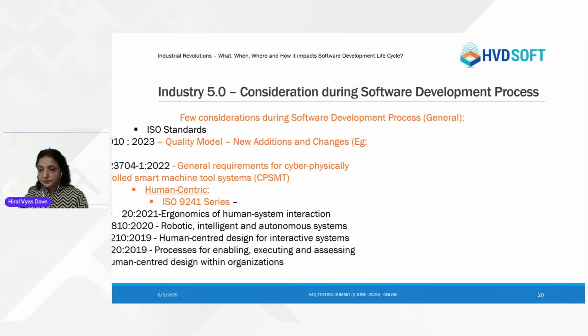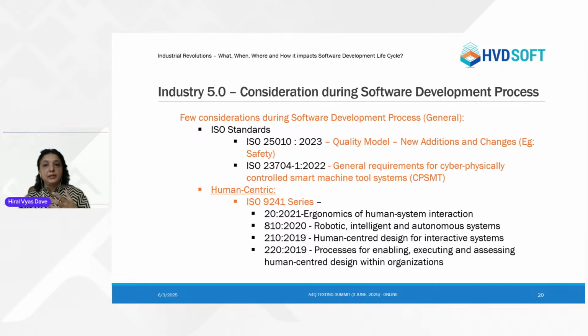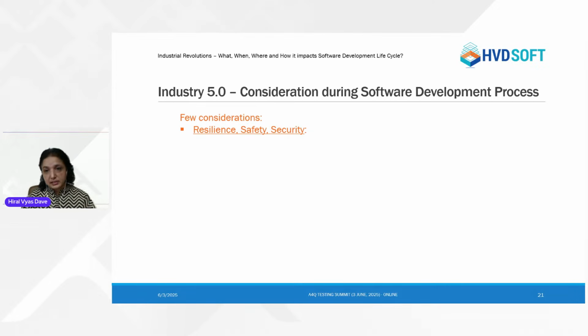In general, I truly believe in ISO standards. For each and every such revolution that has happened, there are people who have worked on standards which are important for us to consider.